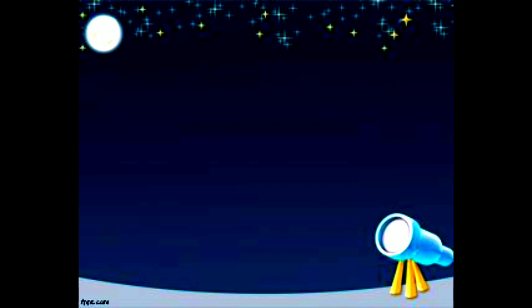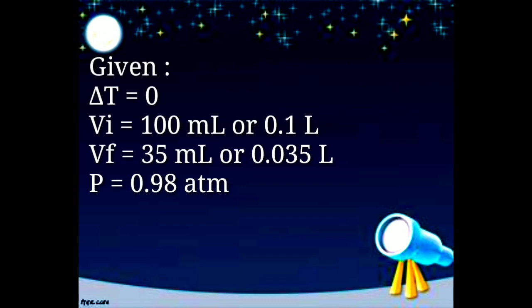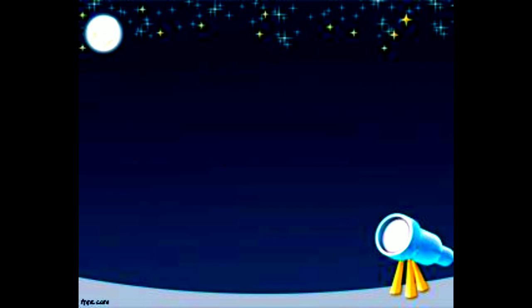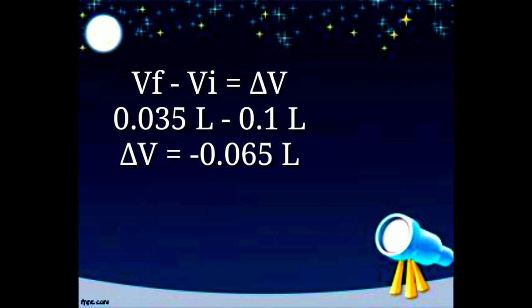Given that the change in temperature is 0 Kelvin, initial volume of 100 ml or 0.1 liter, final volume of 35 ml or 0.035 liter, and constant pressure of 0.98 atm. From the given, we can say that the change in volume is equal to negative 0.065 liter.